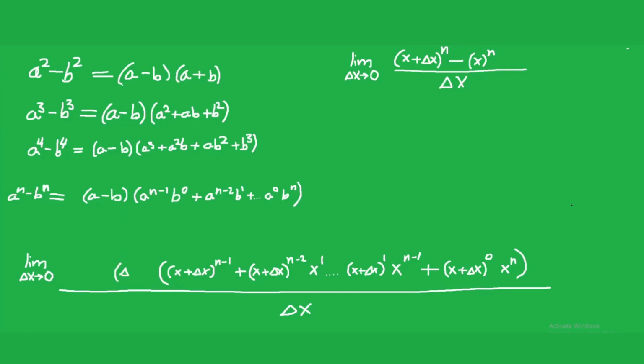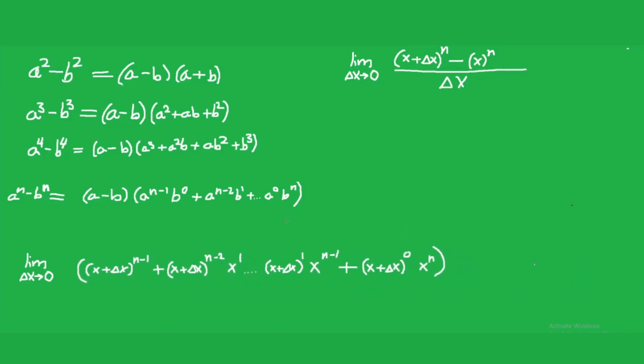So then we're going to be left with delta x here, and we have delta x down here. So these actually cancel, so this will all be over 1. If I delete this, I can delete this entire fraction, and I'm going to move this over here. Okay, so we're left with just this.